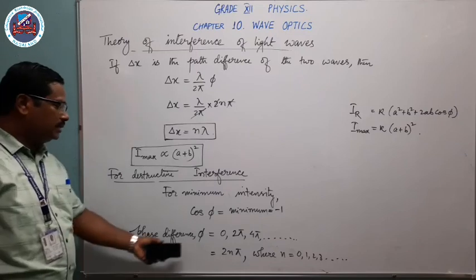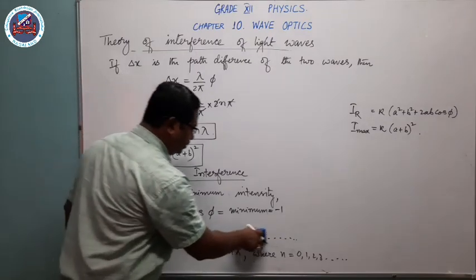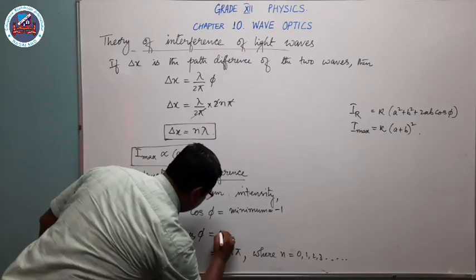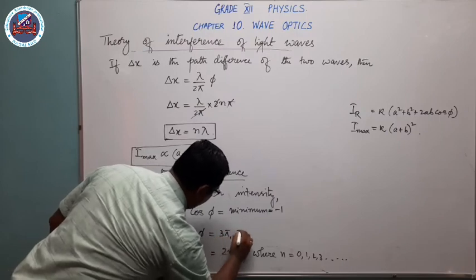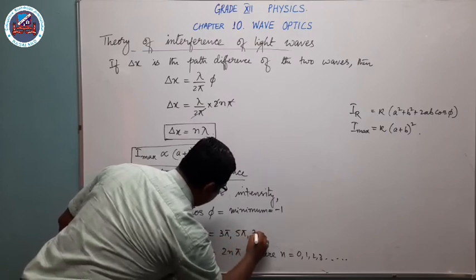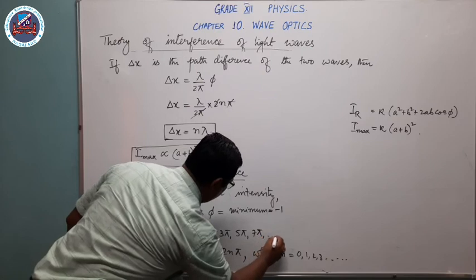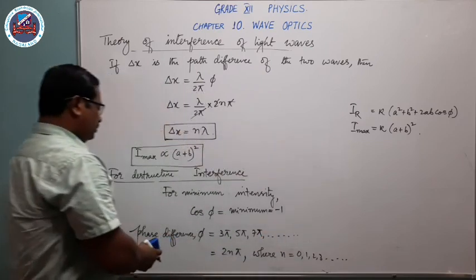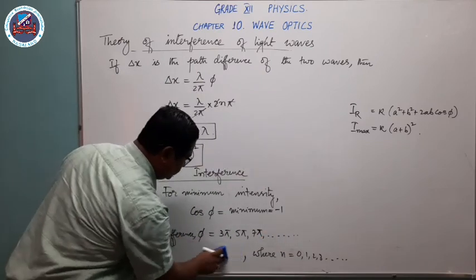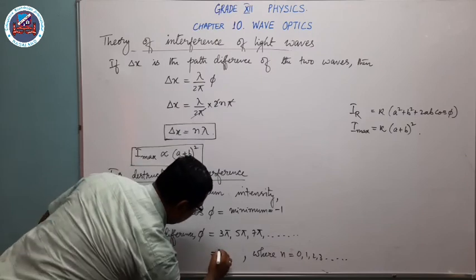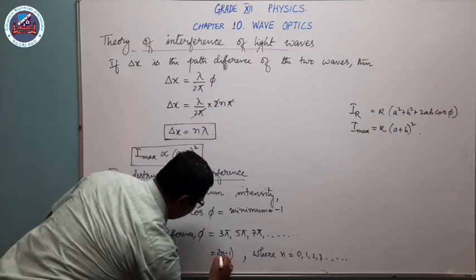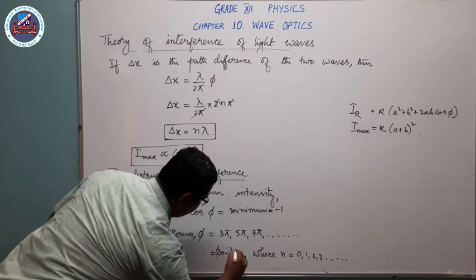So the phase difference phi will take odd values: pi, 3 pi, 5 pi, 7 pi, and so on, and the general value will be 2n minus 1 times pi.